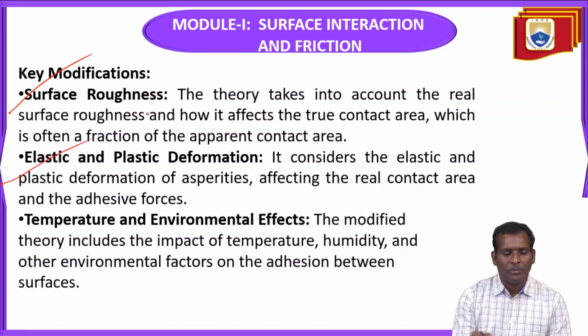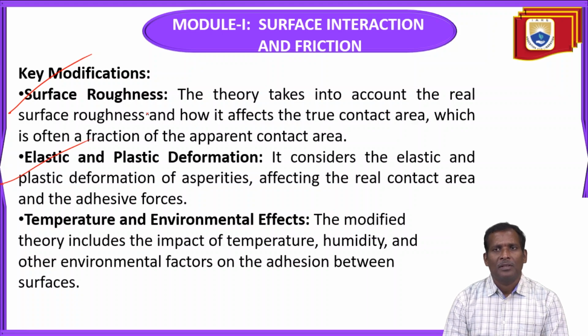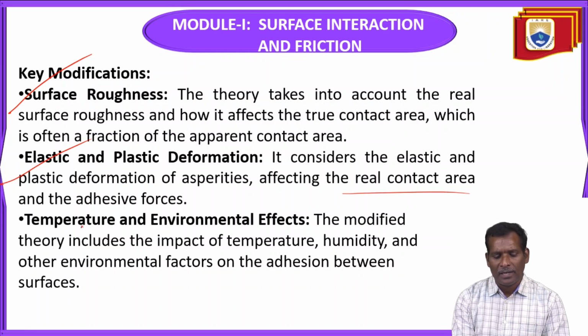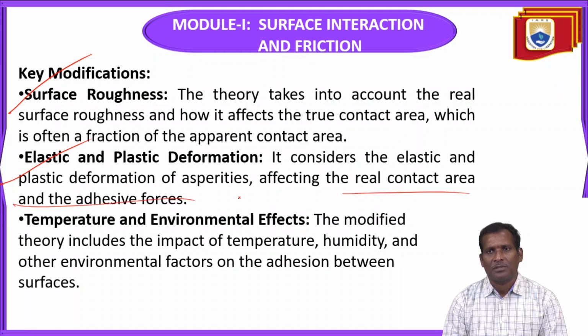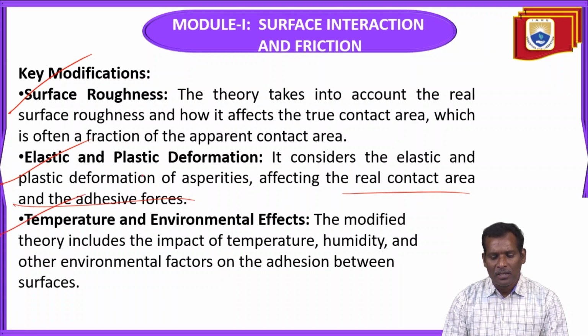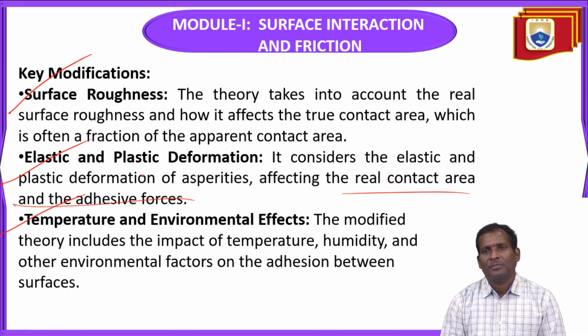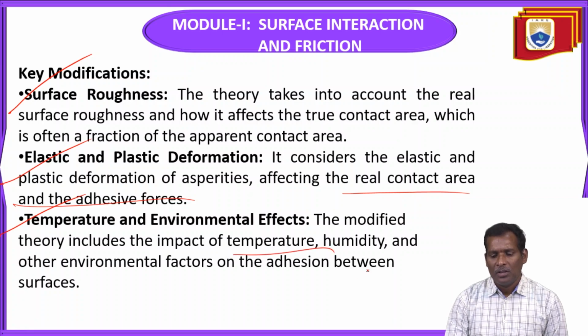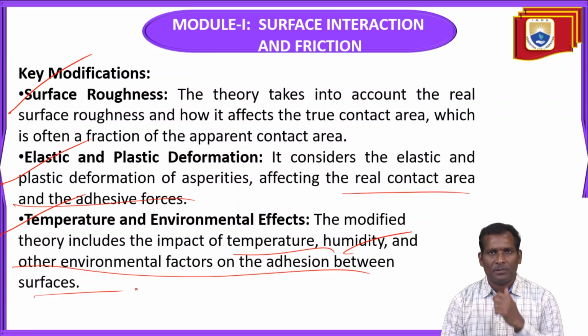Elastic and plastic deformation. It considers the elastic and plastic deformation of asperities, affecting the real contact area and the adhesive forces. Next, temperature and environmental effects. The modified theory includes the impact of temperature, humidity, and other environmental factors on the adhesion between surfaces.